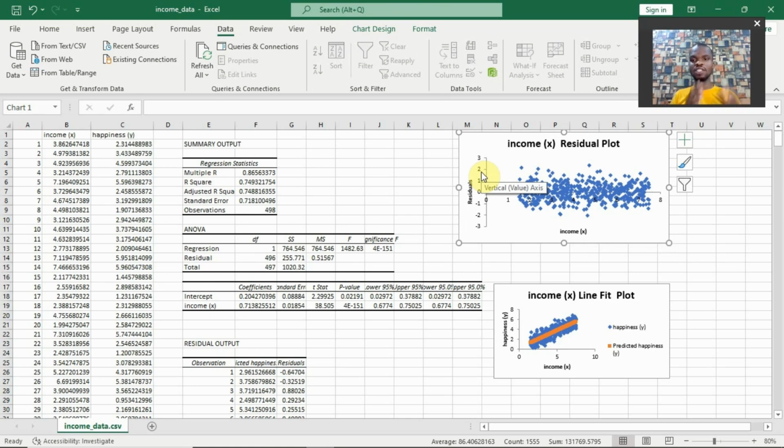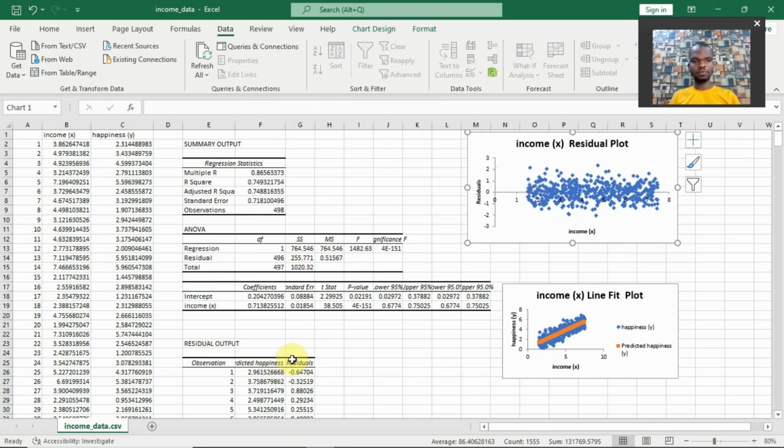The residuals are the differences between each observation and the predicted value. You can see a residual output plot which was added here, and look at this. This is the predicted value of happiness based on the model that Excel has built for us, and this is the value of the residual.